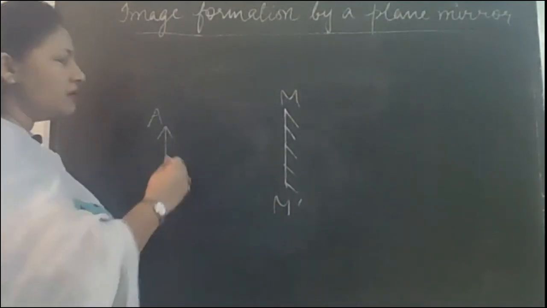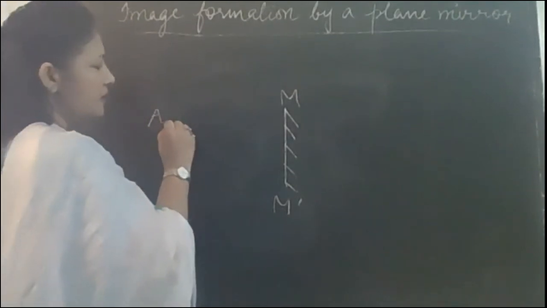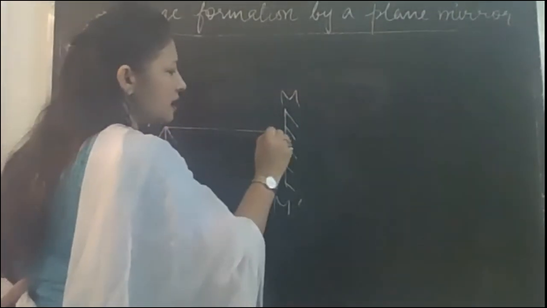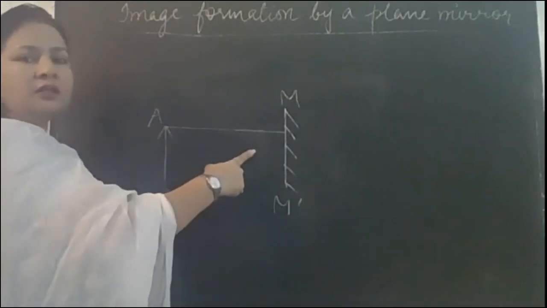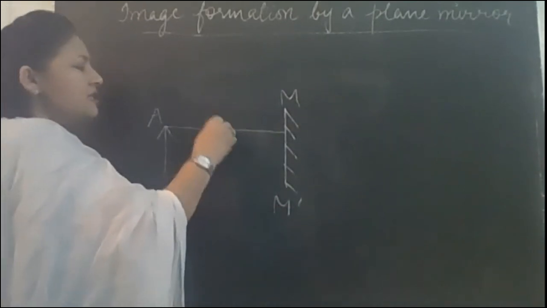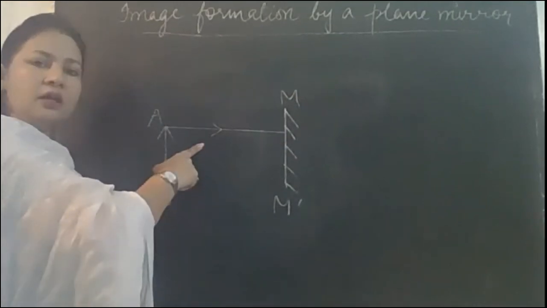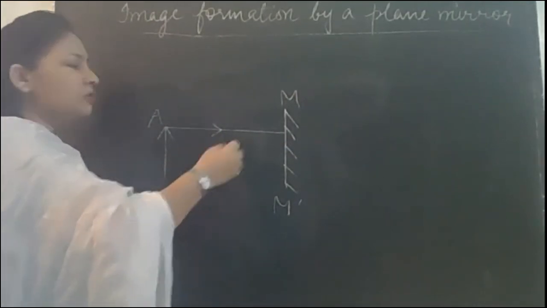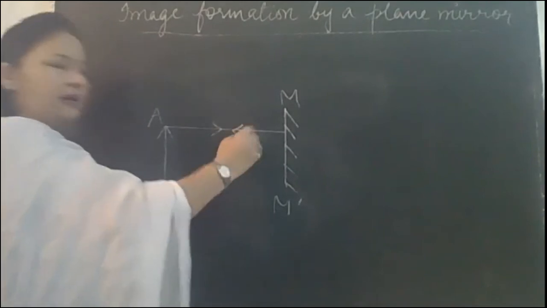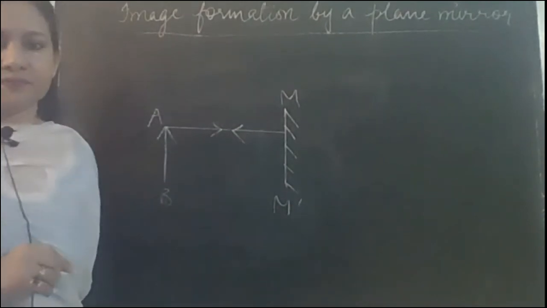Let us take one ray of light coming out from the tip of the object. It is hitting the mirror perpendicular, normally. So according to the rules, it will come back and retrace its path.